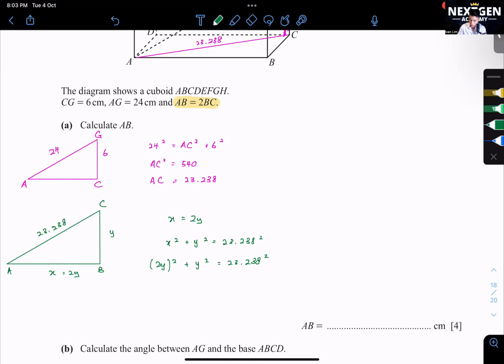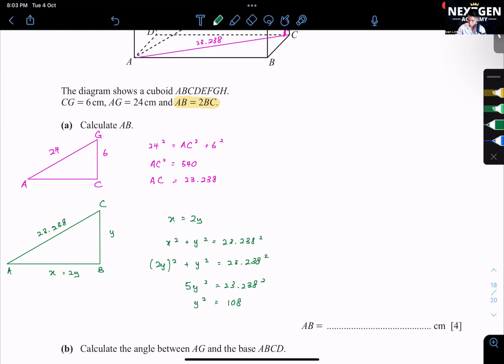Then you'll get 4y squared plus y squared. This will be 5y squared equals 23.238 squared. Divided by 5, we get y squared equals 108. Then we square root it.